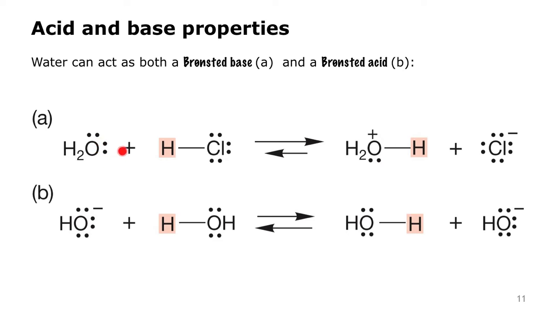Water is a Bronsted base by virtue of a lone pair on oxygen and can react with strong acids, accepting a proton from those acids to form a hydronium ion. Likewise, water can act as a Bronsted acid and donate a proton to strong bases, forming the conjugate base hydroxide.